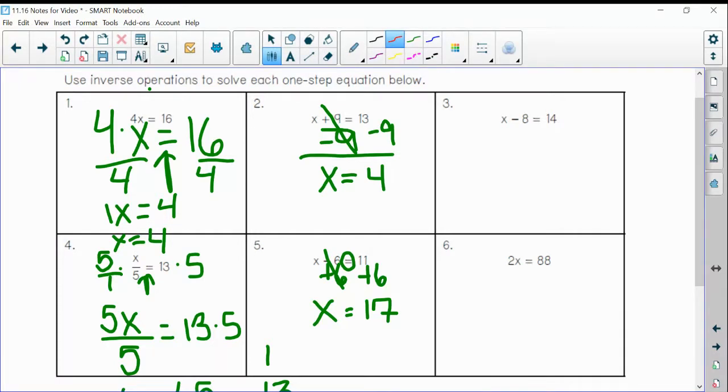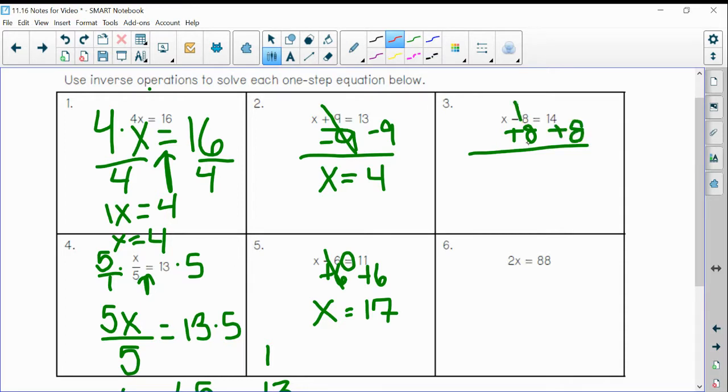All right, so 3, I have x minus 8. What did we say our inverse of subtraction was? That's right, addition. So we get rid of minus 8 by adding 8. So on that left side, I'm going to add 8. But what I do to one side, I have to do to both so that my equal sign remains true. So add 8 on the left and 8 on the right.